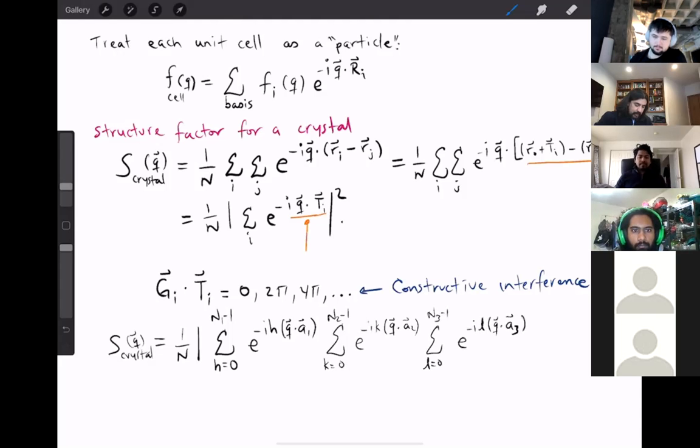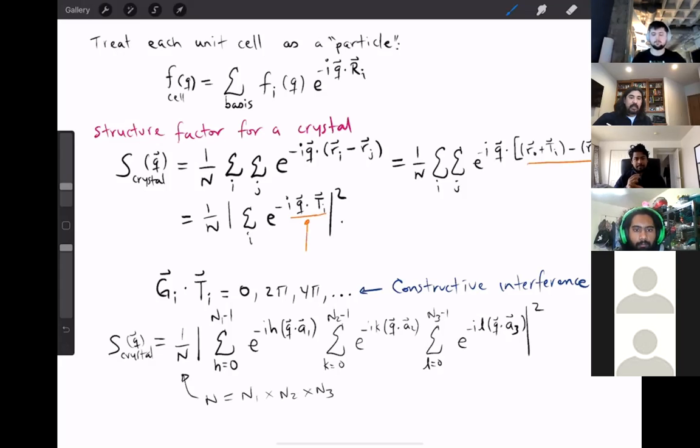So what I've done is that I have taken apart the vector T_i to put it in there. That makes sense, right? And this N is N1 times N2 times N3.